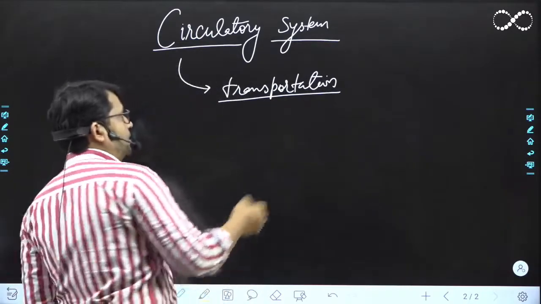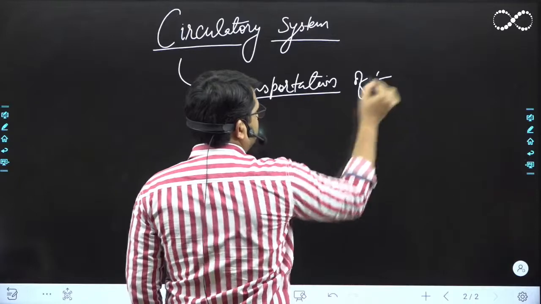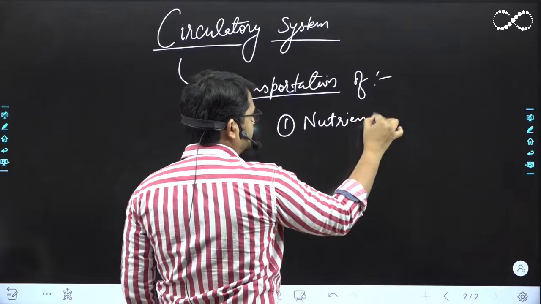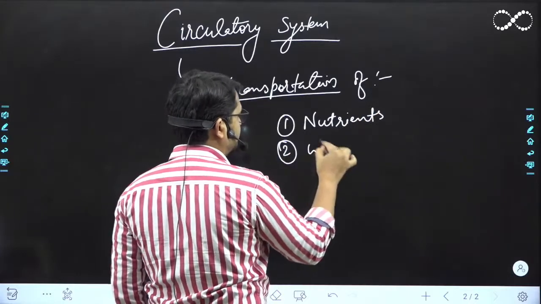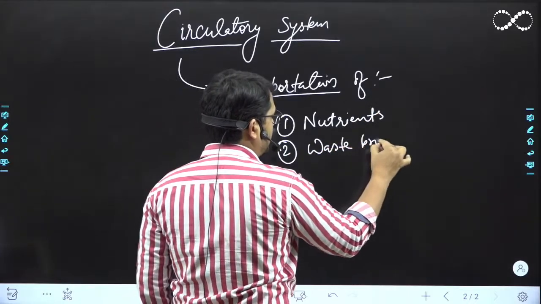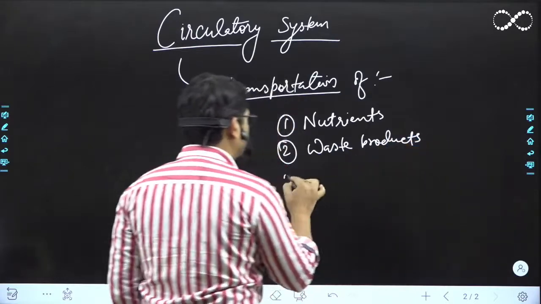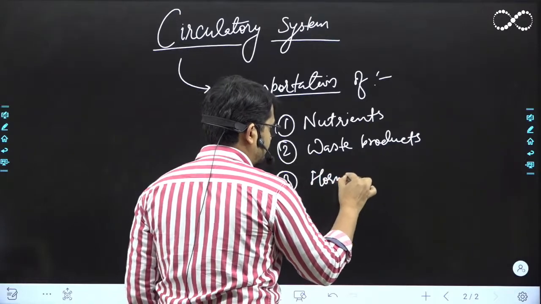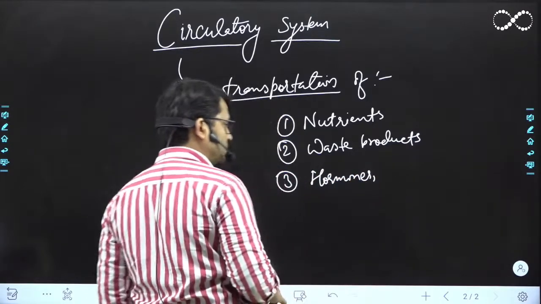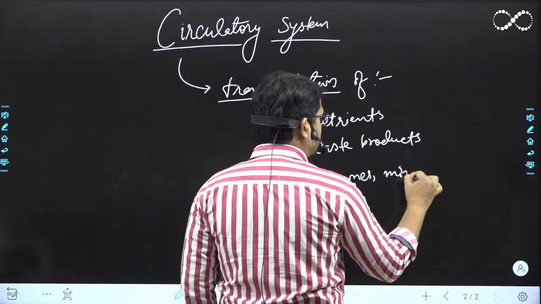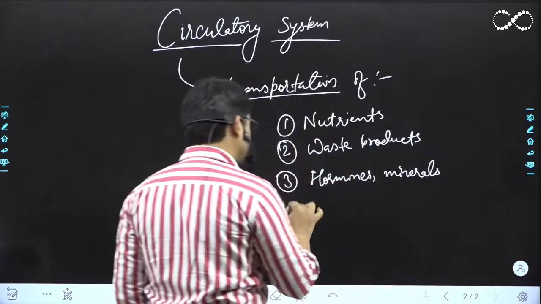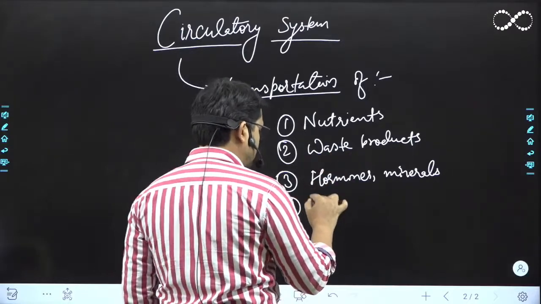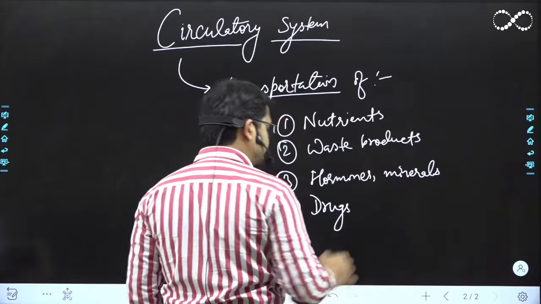Okay, transportation of what? Transportation of number one, nutrients. Number two, waste products. Number three, things like hormones, minerals. Fourth, transportation of molecules like drugs.